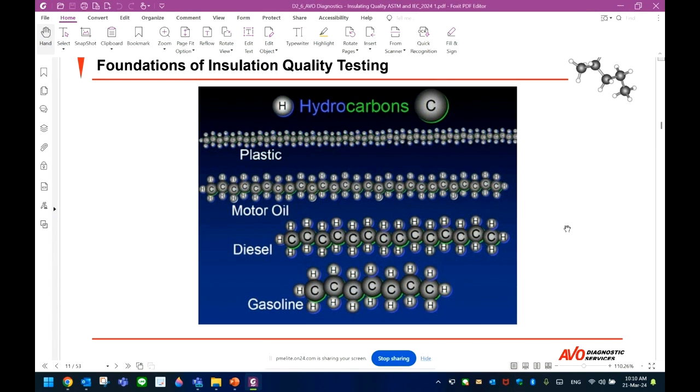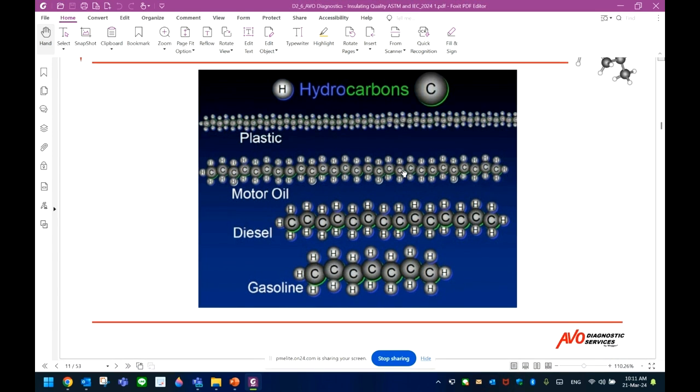So these are the molecules from insulating oil and many other things. This is the plastic. This is the motor oil. This is the diesel or the gasoline here. We have different types of chain and molecule, but all of these are hydrocarbon chains.